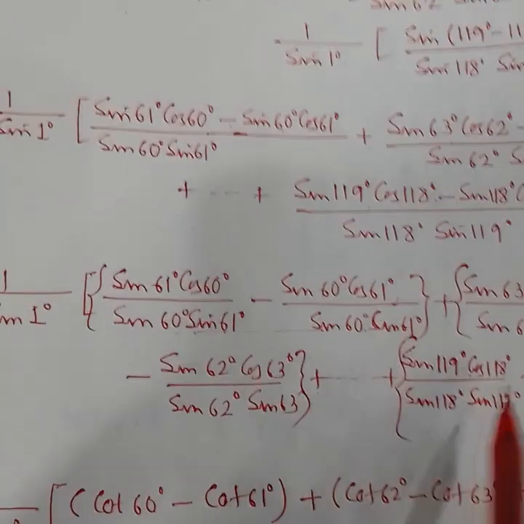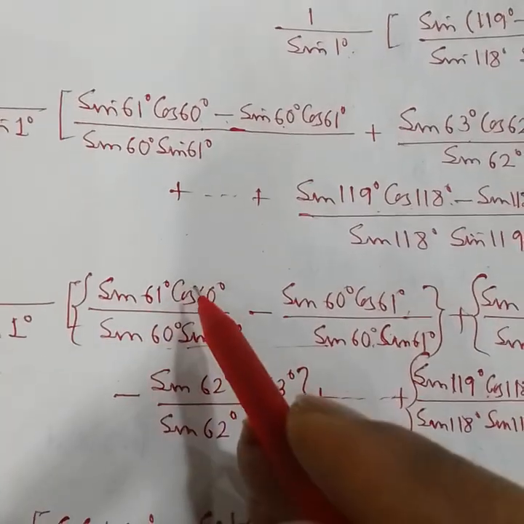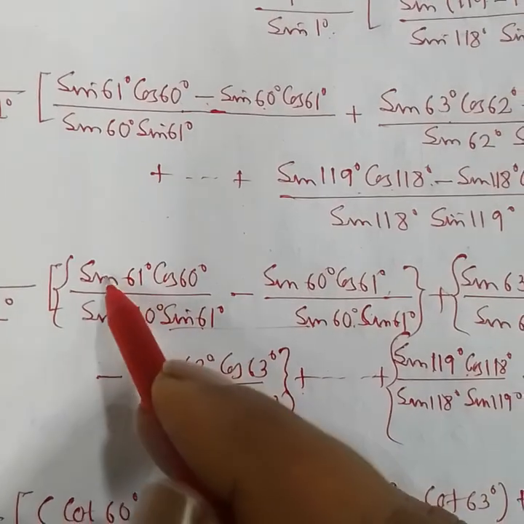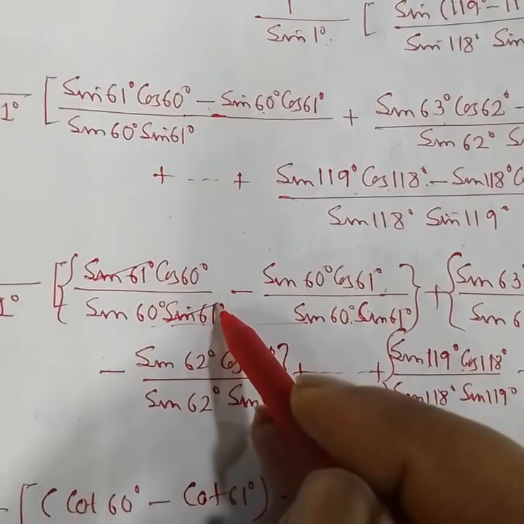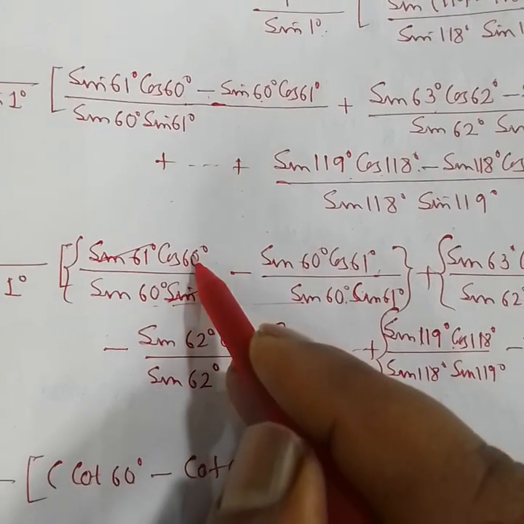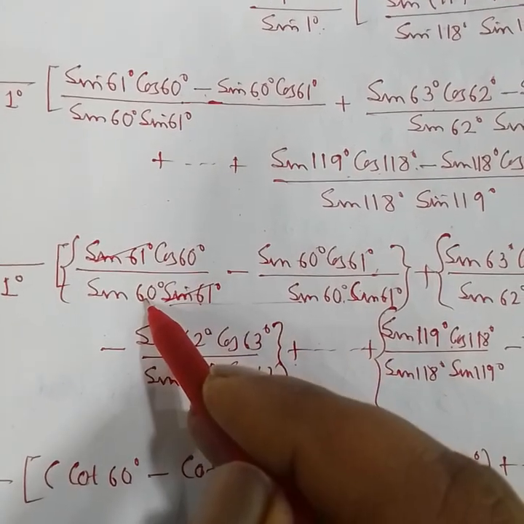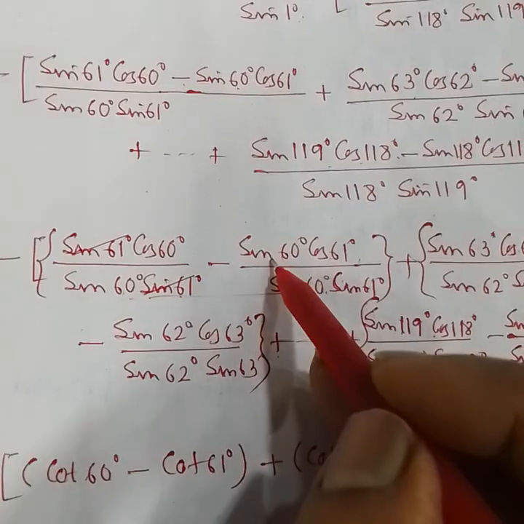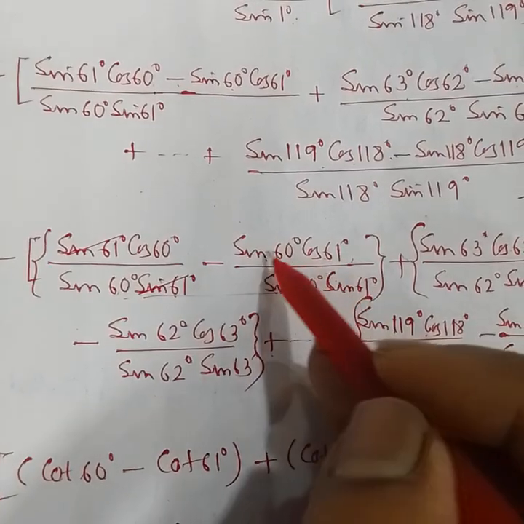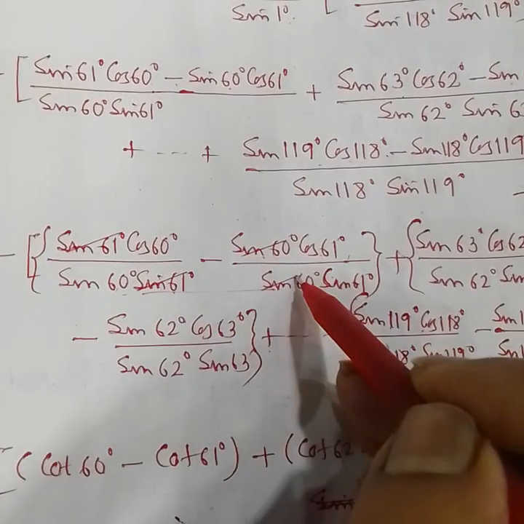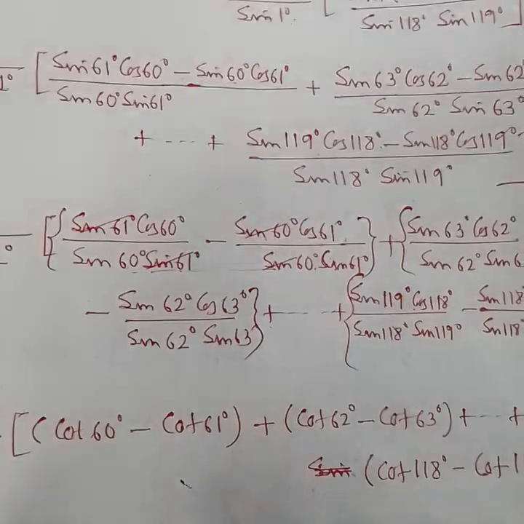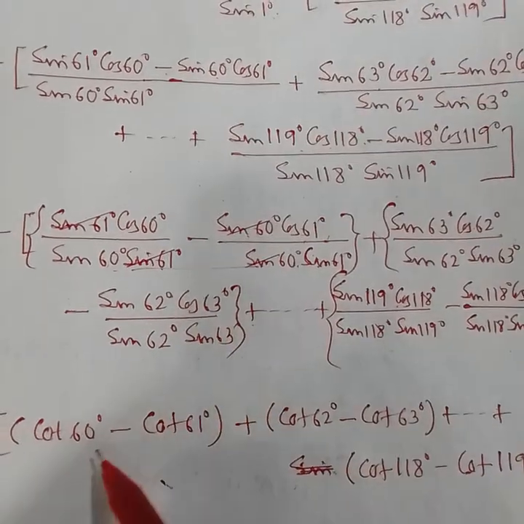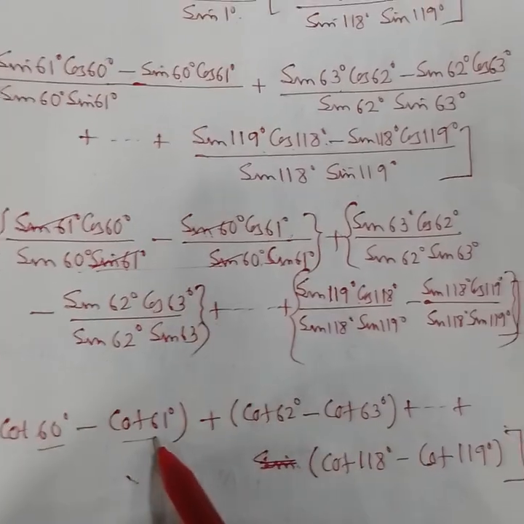Now carefully, we can cancel sine 61 degree with sine 61 degree, leaving cos 60 degree by sine 60 degree, which will be cot 60 degree. In this term, sine 60 degree cancels with sine 60 degree, and we get cot 61 degree. So from the first term we get cot 60 degree minus cot 61 degree.